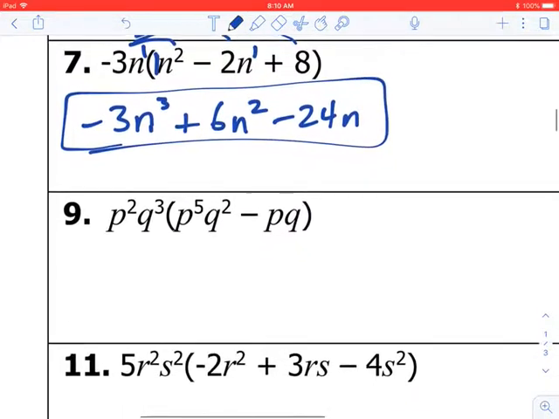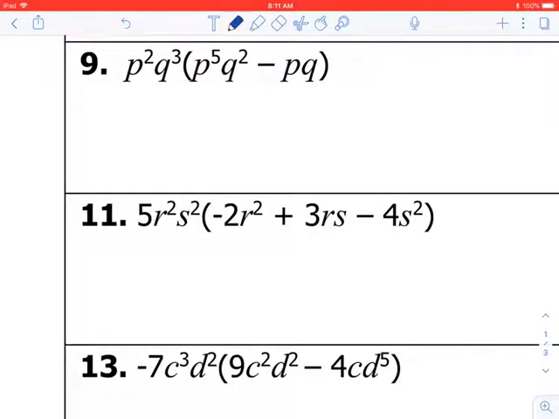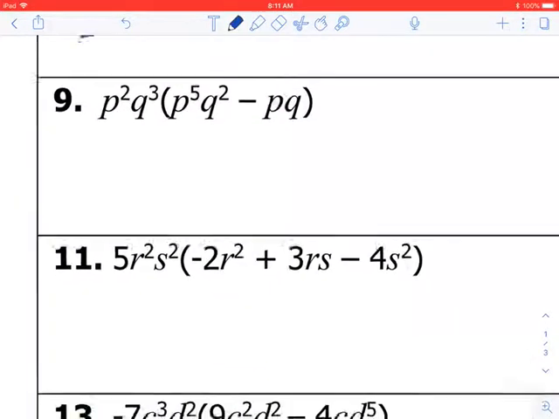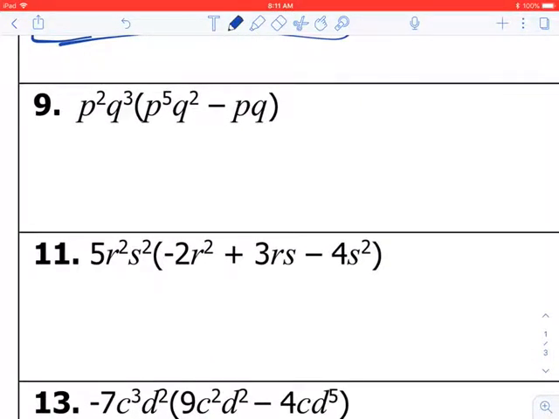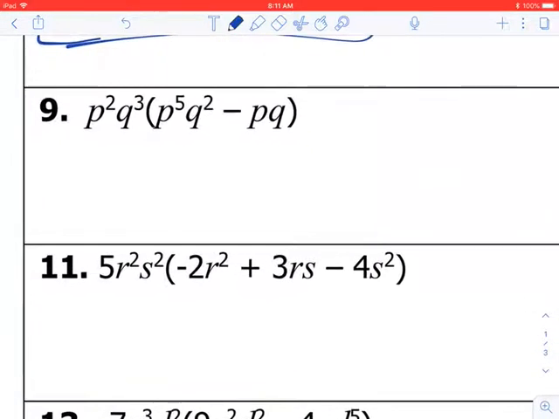Let's look at number 9. Excuse me. Number 9 and 11 both have multiple variables. This can be a little confusing, especially when it's P and Q and those kind of look the same a little bit. But when you're doing this, you're still just distributing and you're only adding the ones that have the same variable.